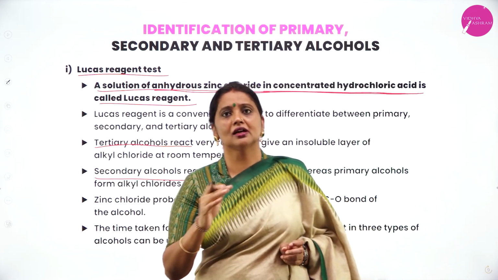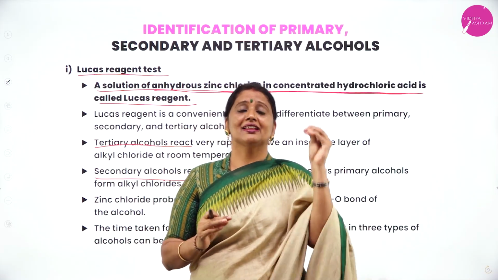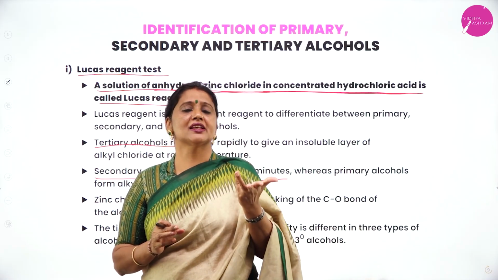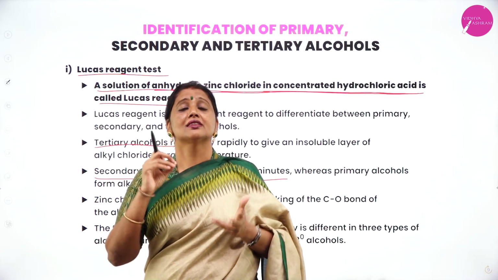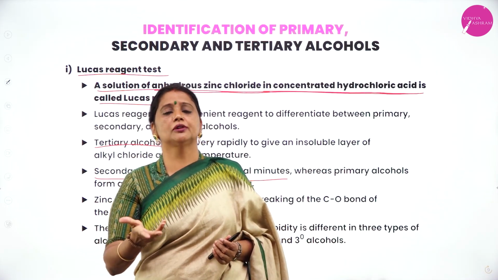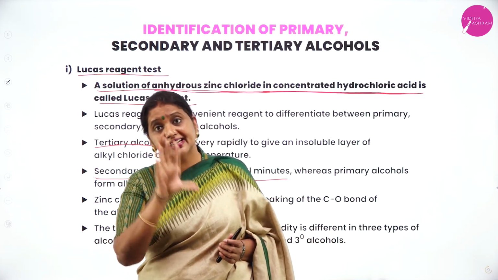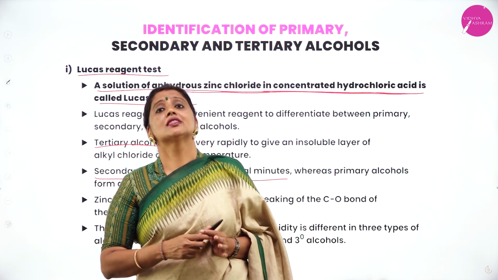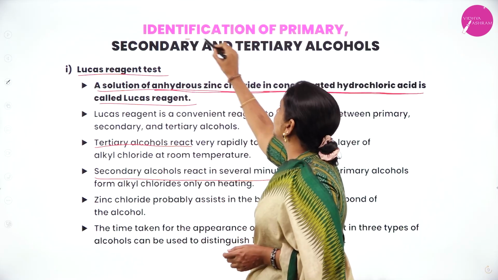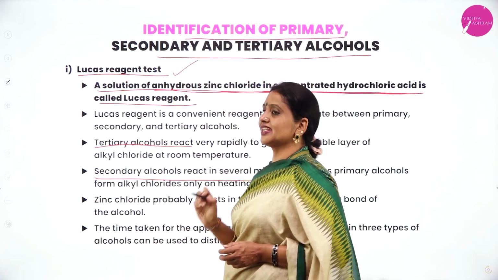Primary alcohol's turbidity appears only after heating. If turbidity appears immediately, it is tertiary alcohol. After several minutes, it is secondary alcohol. If you get turbidity only after heating, it is primary alcohol.